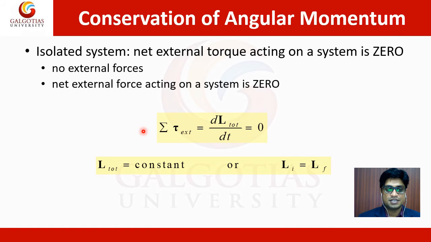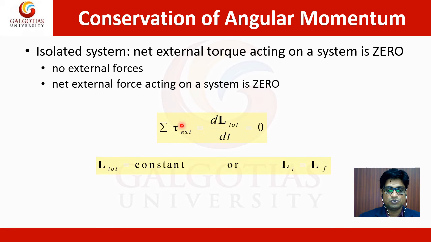We can now discuss the conservation of angular momentum. If we take an isolated system, meaning a system with no external force and no external torque acting on it, then the net external torque is zero. We know the formula torque is equal to dL by dt, the rate of change of angular momentum.